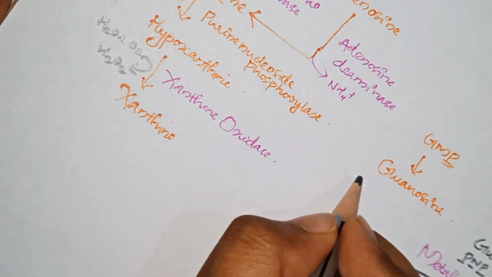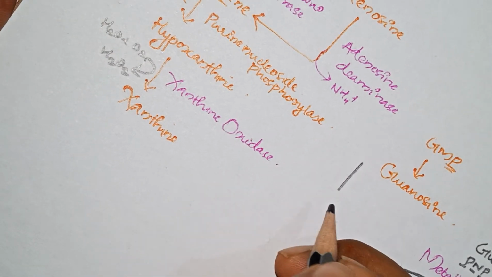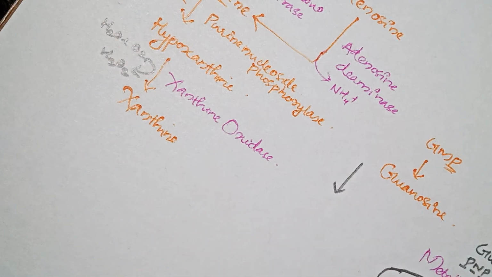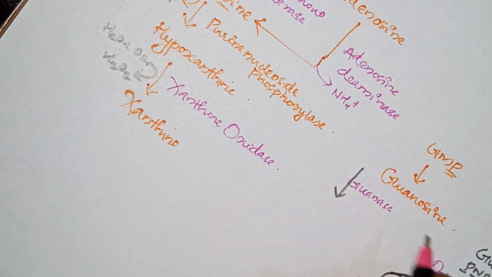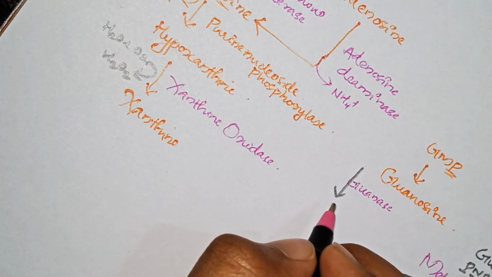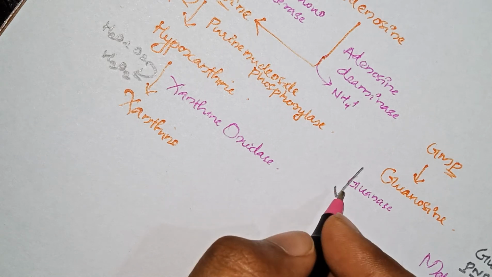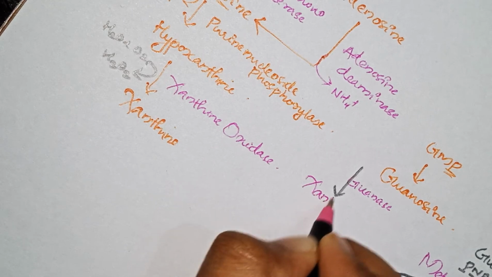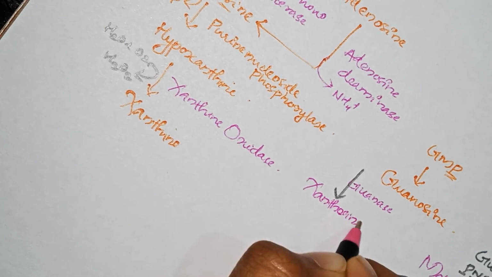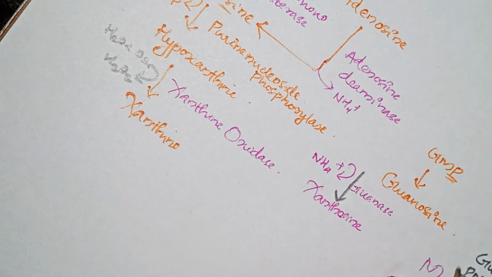If the enzyme first acting on guanosine is guanase, we will be getting xanthosine, and we will be removing one ammonium ion.